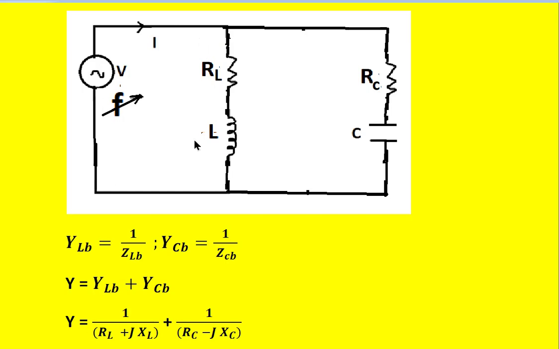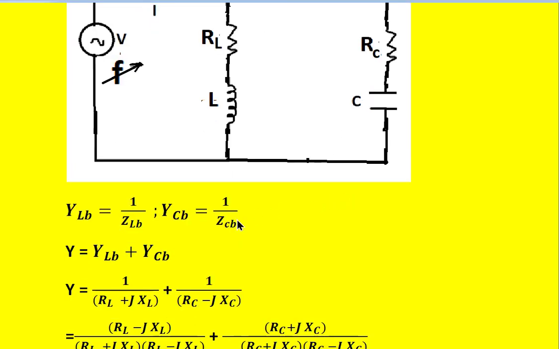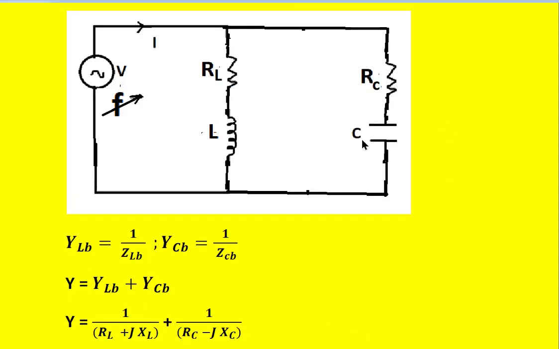For this branch, the admittance can be written as YLB, meaning inductor branch, is equal to 1 over ZLB, meaning 1 divided by the impedance of this branch. Similarly, YCB, the admittance of this branch, is equal to 1 over ZCB, meaning the impedance of the RC and C branch.